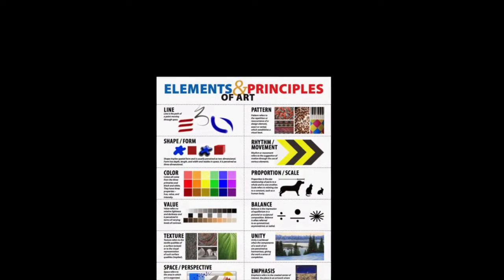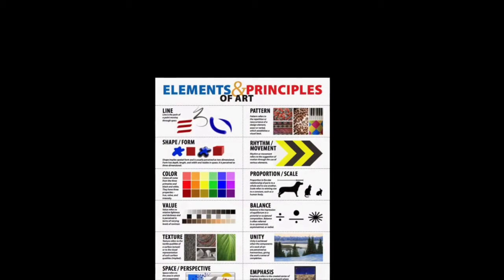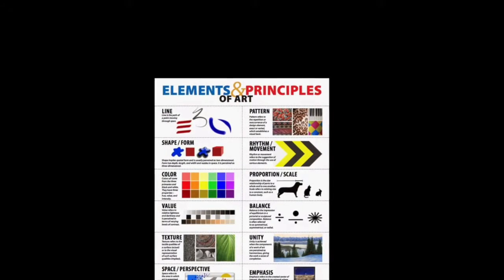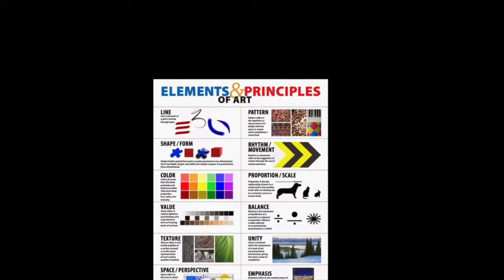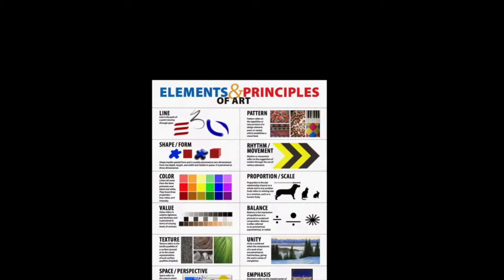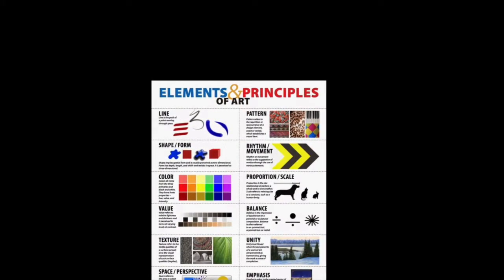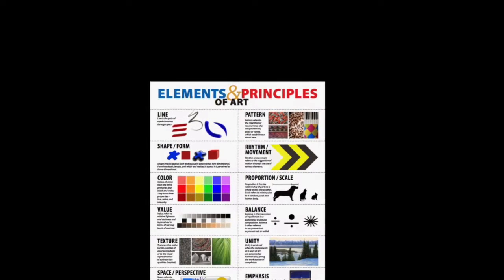So proportion and scale is another one. Having things in accurate proportion, in scale or to scale, is really important as well. Or it could even be that things are intentionally out of proportion, or not to scale. And there's definitely something to that as well that can be very interesting.